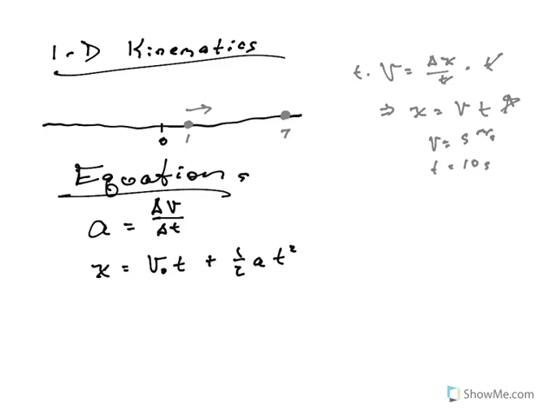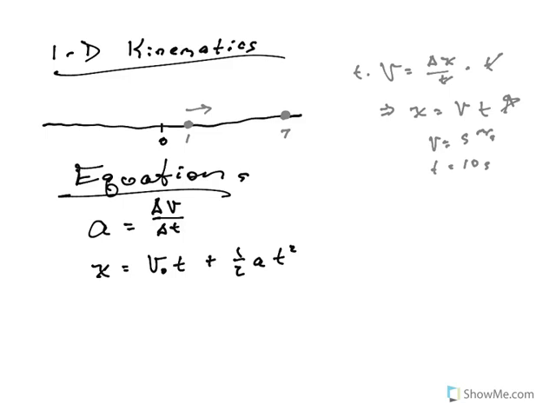What's our last equation we're going to need? Well, if you notice, both of these equations involve time. So if I gave you a problem where an object's moving in some way, but I don't tell you the time involved, then you're stuck. You don't have information about time, so you can't plug time into this equation to get a number.